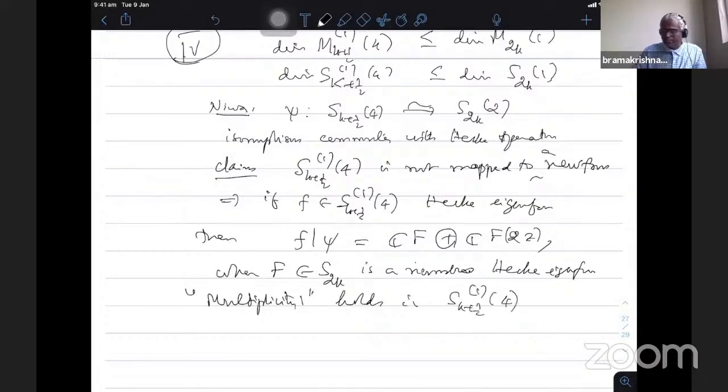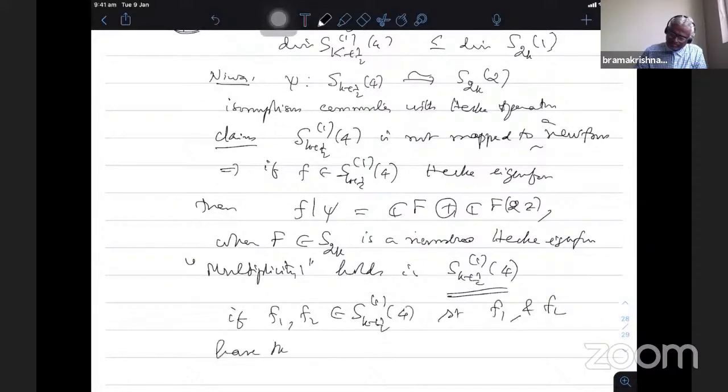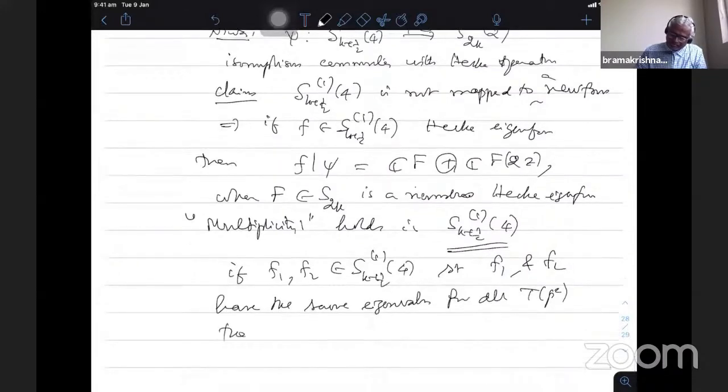If I have two eigenforms here, f1, f2 belonging to S_k^+(Γ0(4)), such that f1 and f2 have the same eigenvalues for all T_{p^2}, then c times f1 is c times f2.